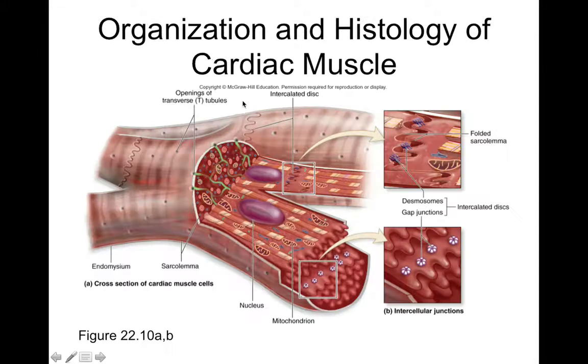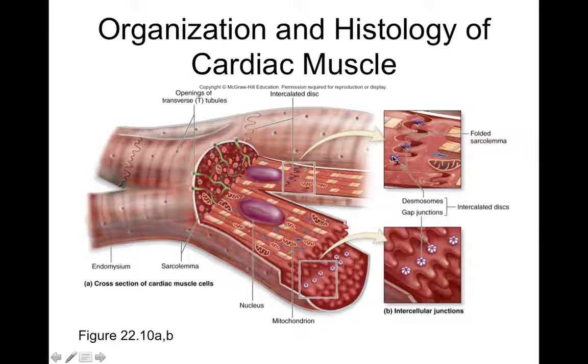Okay, so if we zoom in on cardiac muscle, here's a cardiac muscle cell, and it's linked up with other cardiac muscle cells. One cardiac muscle cell can branch into several different branches here. It's still one cell, though. The place where these cardiac muscle cells connect is called the intercalated disc. These intercalated discs are full of gap junctions and desmosomes.